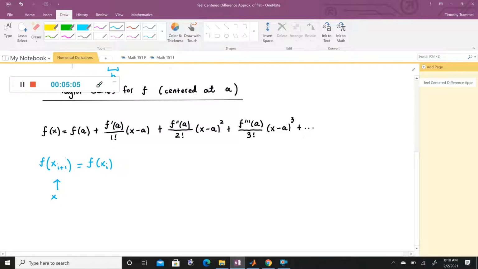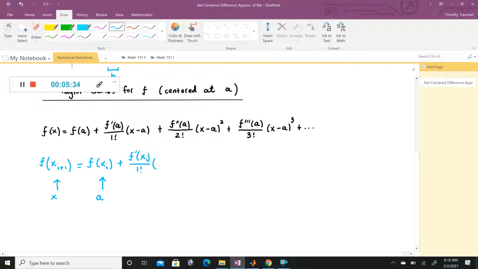So we're evaluating this function at x sub i plus 1, but our Taylor series that we're going to be using to do so is going to be centered at x sub i. All right, so next here we have plus f prime of a, so that's f prime of x sub i all over 1 factorial.